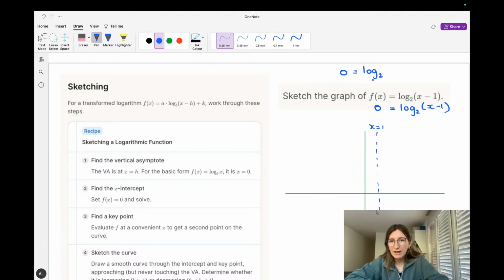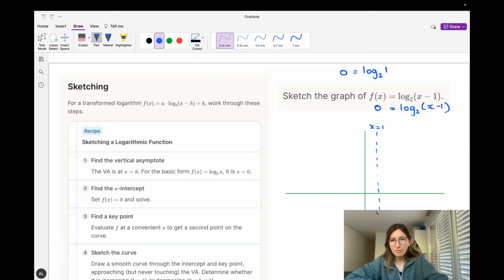So if I have, let's say, 1, 2 to the power of 0 gives me 1. So I've changed this 0 into a log. Because remember how we had at the beginning, you need the 2 to the power of what gives you that number over there.